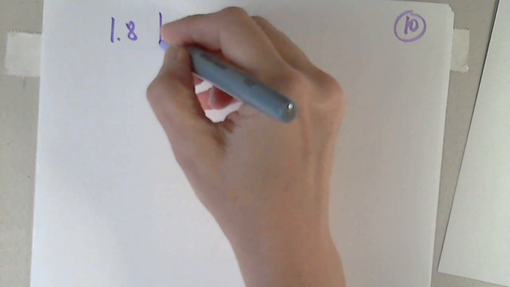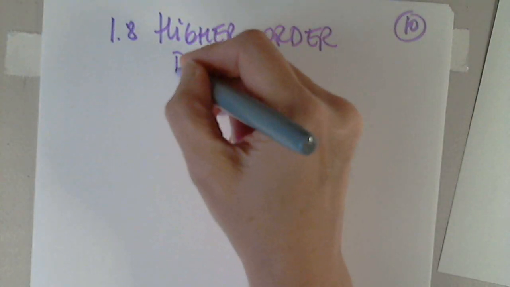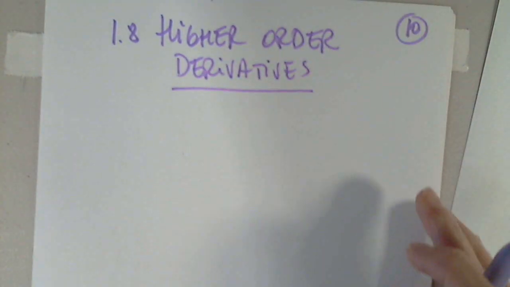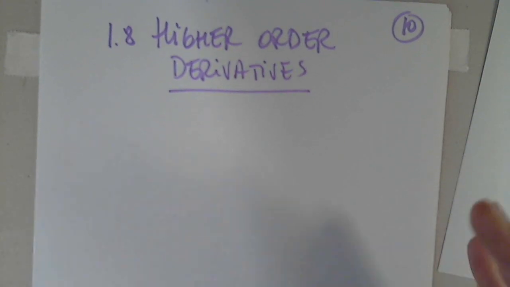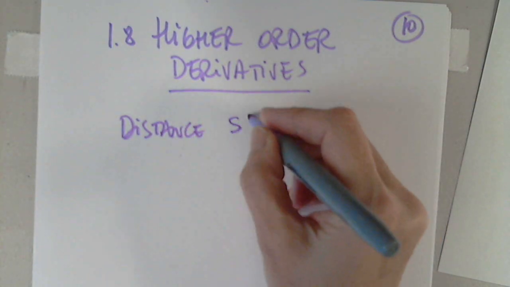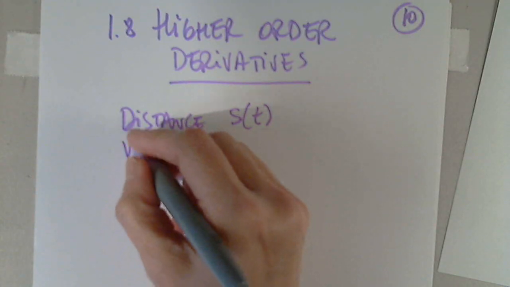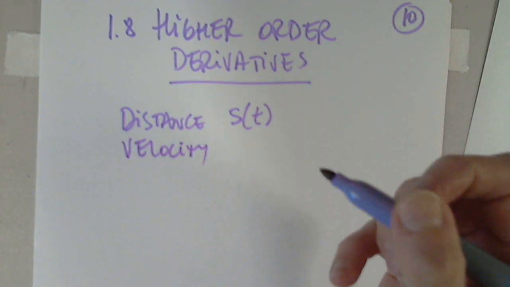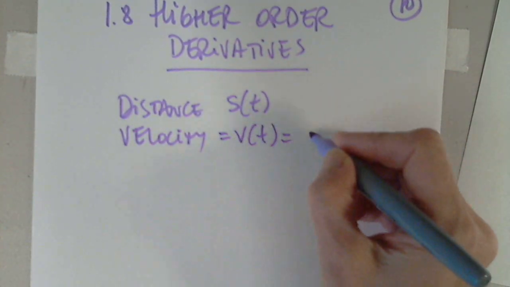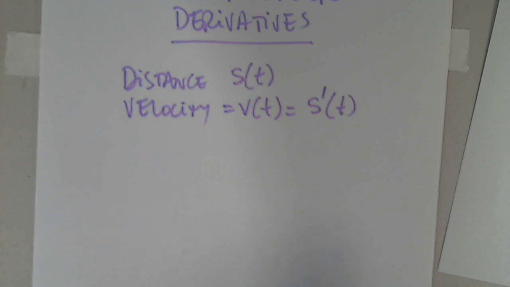Last section, higher order derivatives. Okay, here's an example. If we're given the distance formula, let's say S of t, distance with respect to time, the velocity, which is the rate of change of distance with respect to time, which is v of t, will be the first derivative of the distance with respect to time.